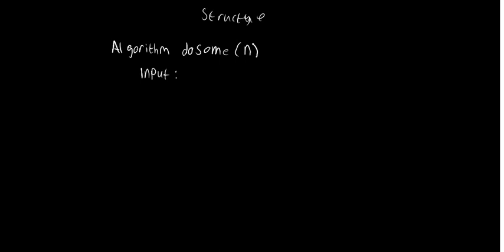In this case, our input is an integer n. What is our output? What do we want this algorithm to do? Well, our output is the first n integers.